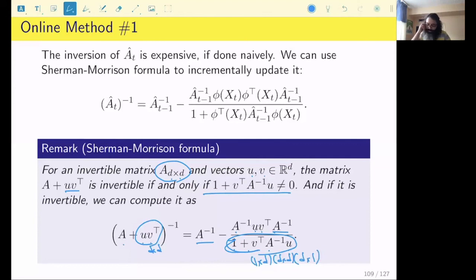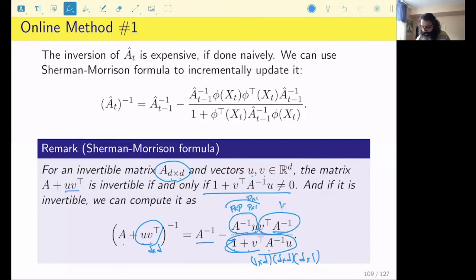So we can do this computation more easily because we just need to first compute the matrix A inverse times the vector u. This is a matrix-vector product, so we can compute it with order of p squared. It is p by p times p by 1, so the whole thing becomes p by 1.